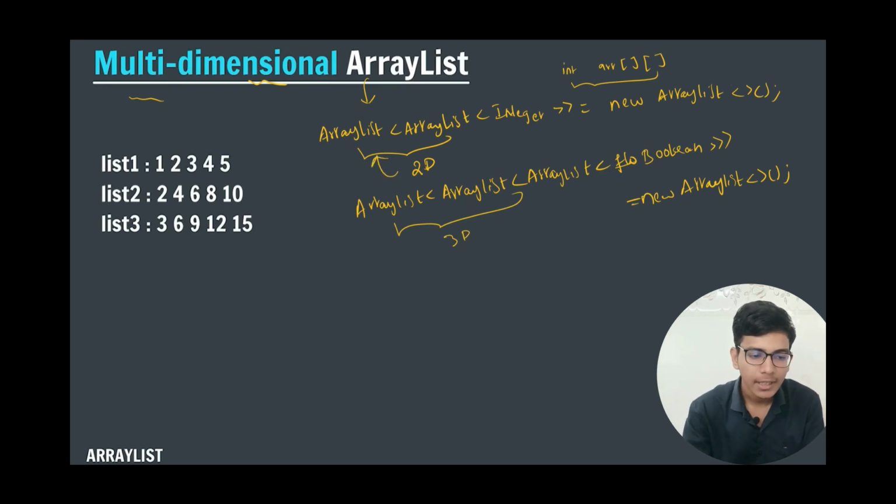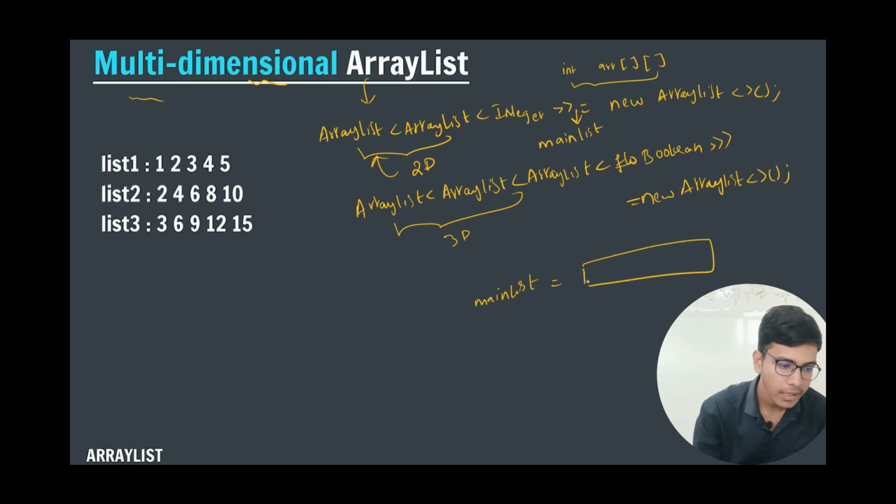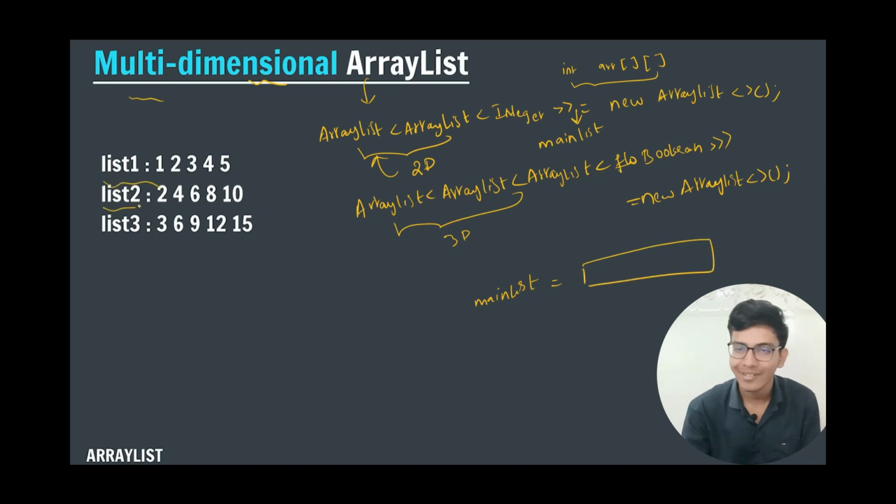Let us consider that I am creating a 2D array. Here I will write the name as main list. What will main list store? Main list will store lists in the memory allocation. This is how memory is allocated for my given array. Let us consider that I am storing list 1, list 2 and list 3 in my main list.